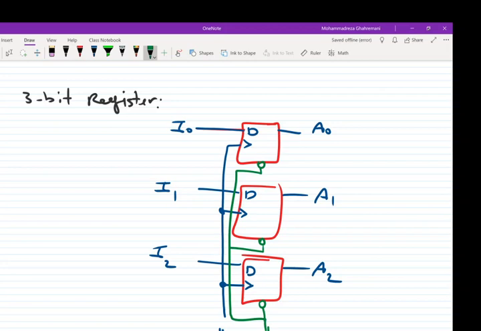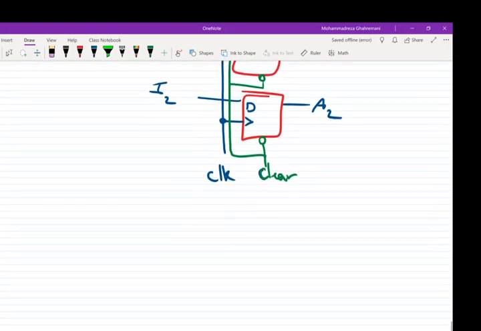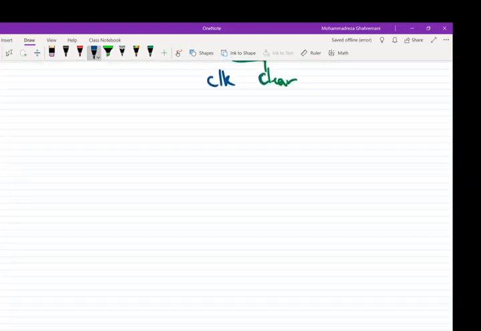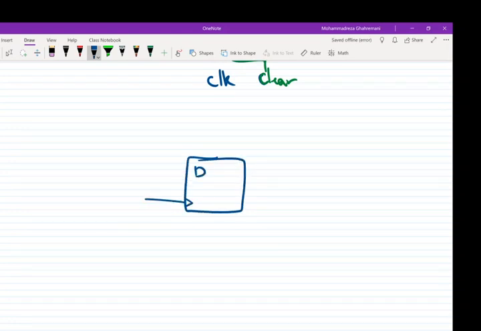Okay, let me, for example, show you one thing here. Let's say we have a D flip-flop and its clock. There are tons of different ways to store data in a D flip-flop. One of them is applying the clock signal in this way.